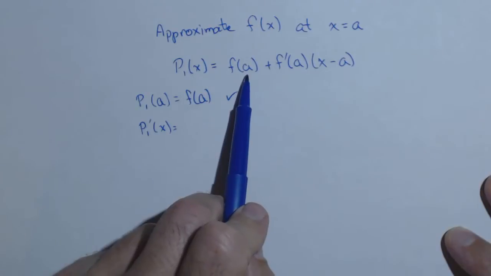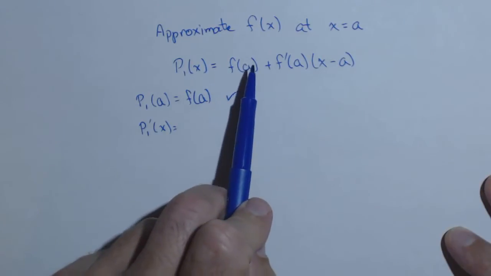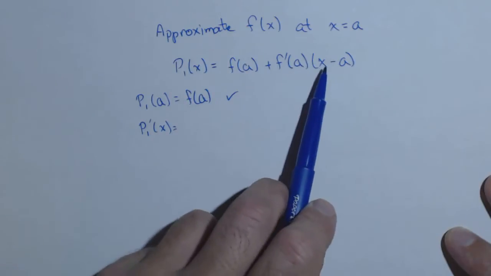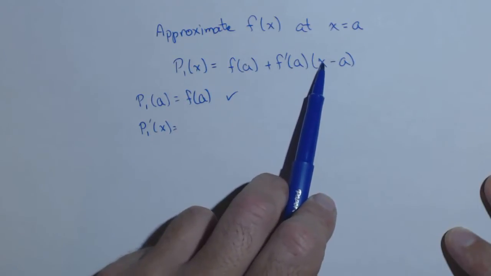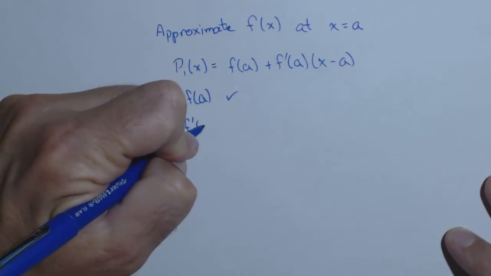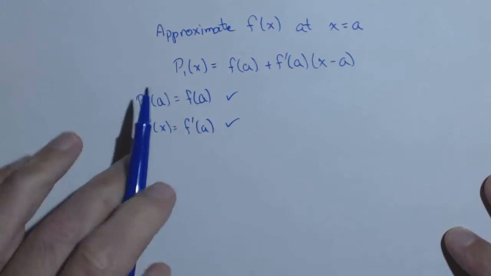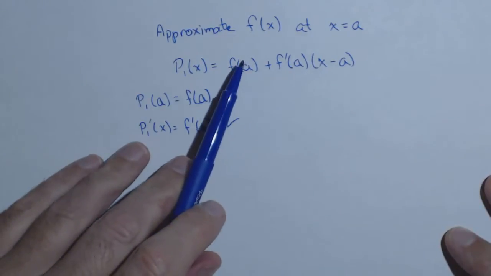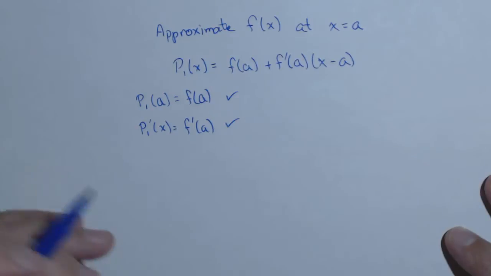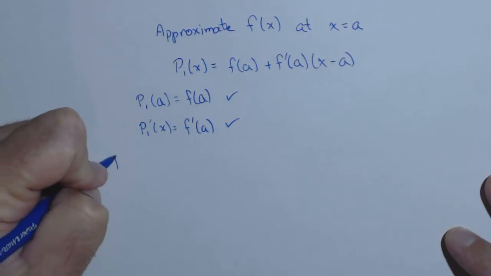This is just a constant, so its derivative is 0. This is some constant times x minus a, which is just linear. Derivative of x is 1, derivative of a is 0, so it's just f prime of a. Right, so our first order Taylor approximation is equal to our function at a and has the same slope at a.